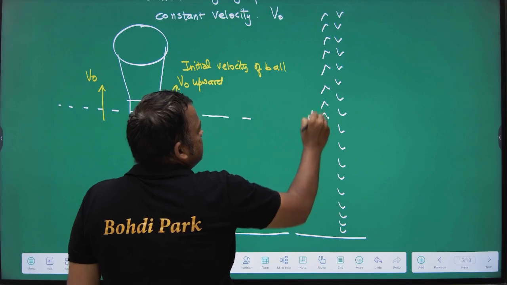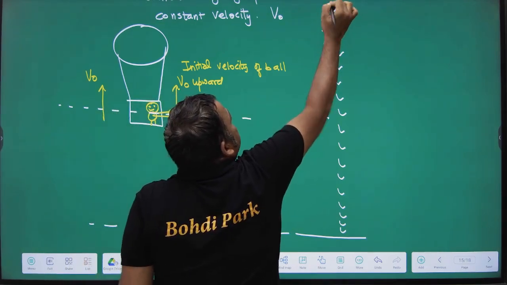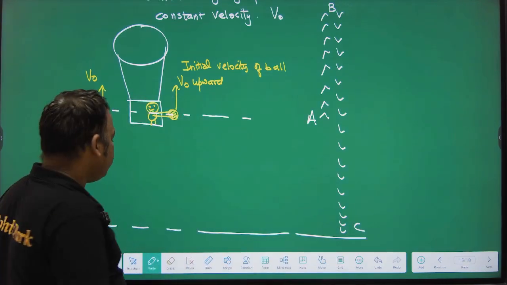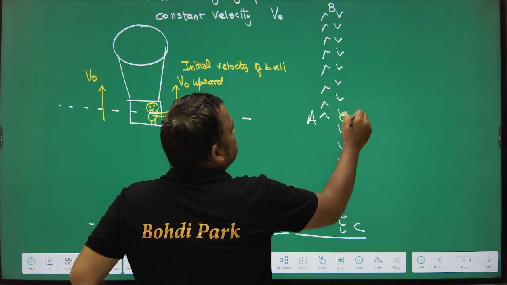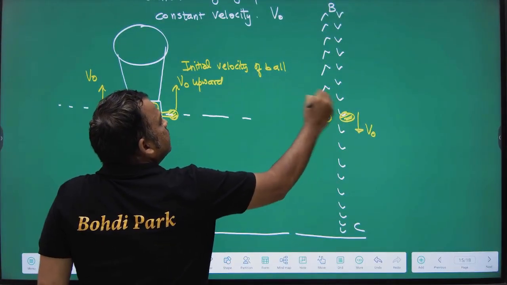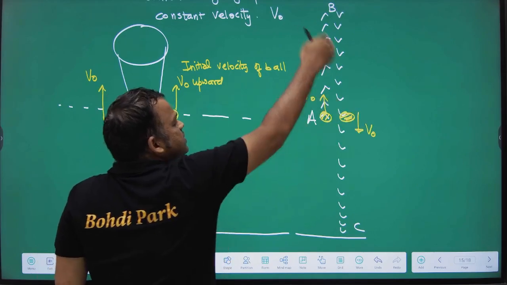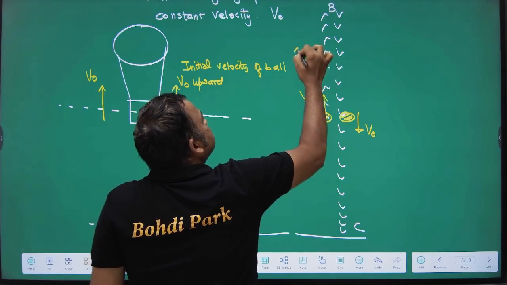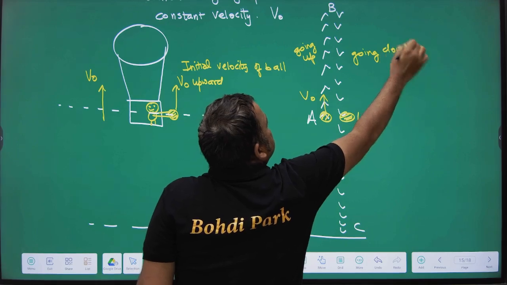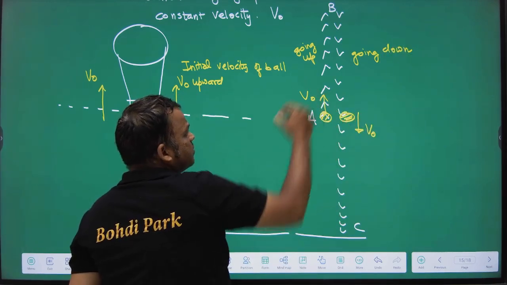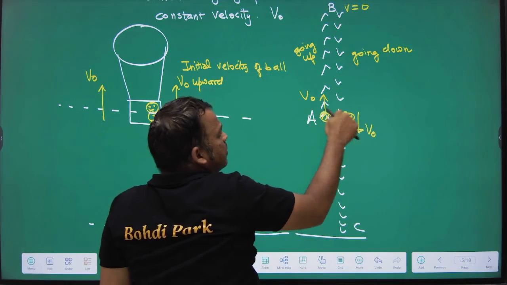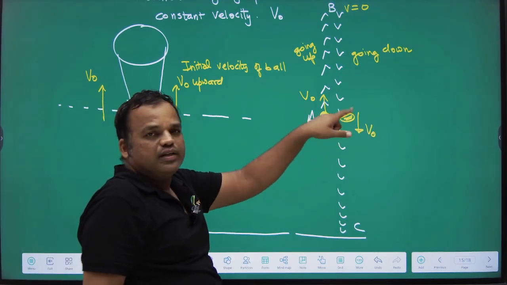So how much is it going upward? Suppose at point A the ball is released and the topmost point is B, then again it will come to A and it will hit the ground at C. At A the velocity is v naught upward, at the topmost point the velocity is 0, and when it returns to the same level A, the velocity will be minus v naught, downward.